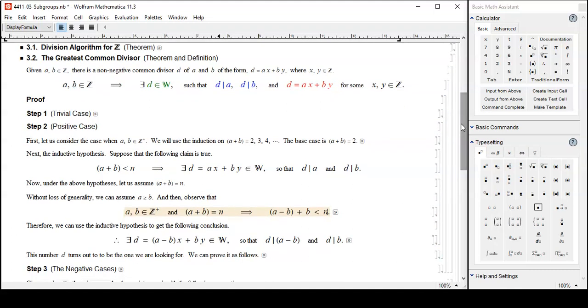A minus B plus B is less than n, so that we can use this, where A minus B replaces A in all these. Remember?